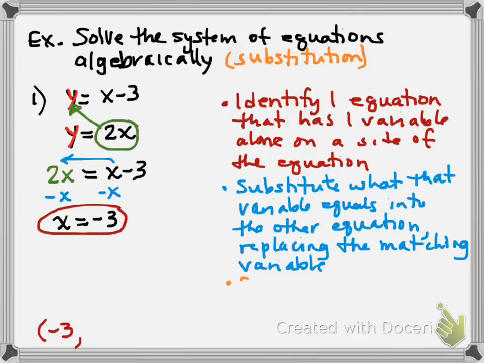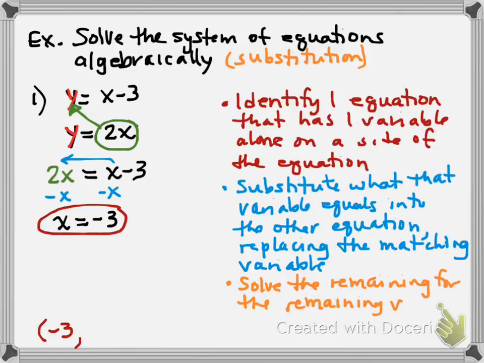So now I'm going to solve the remaining equation for the remaining variable. In this, our case, we solved it for x. That is now half of my solution. That's half of the point of intersection.